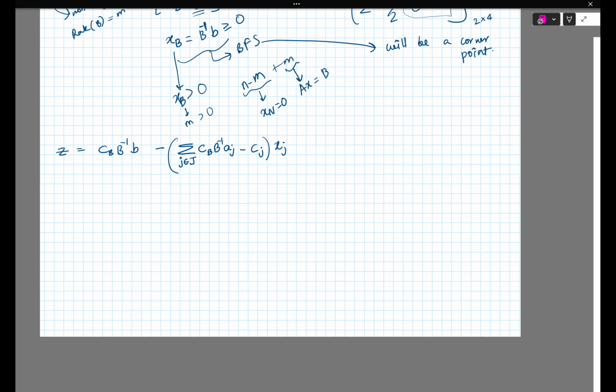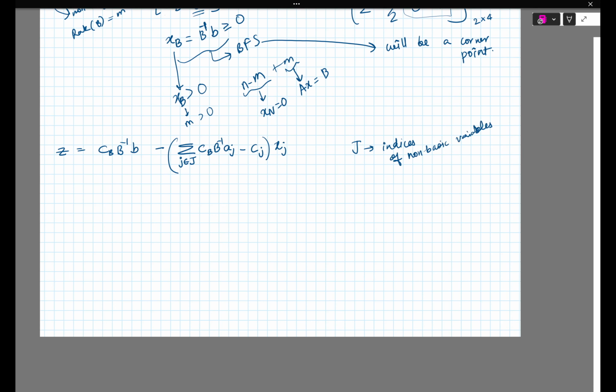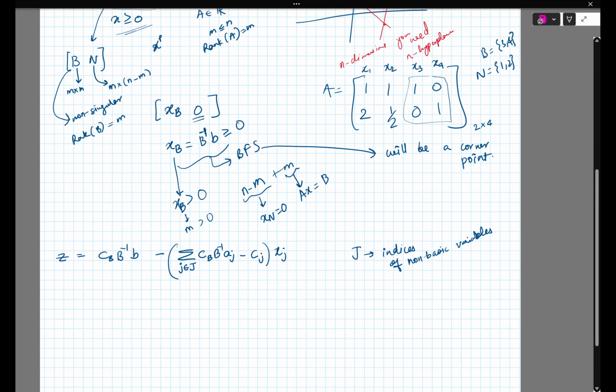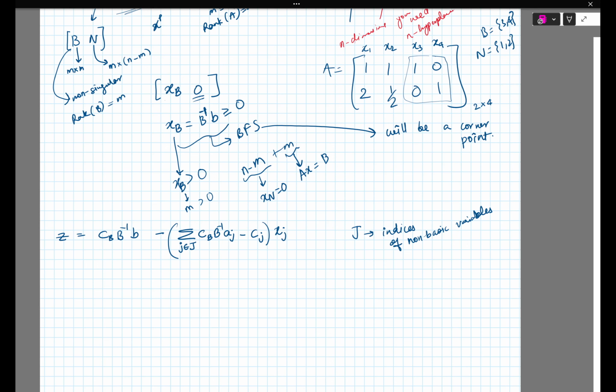Okay, where this J is basically the indices of non-basic variables. Okay, so this is your objective function. This b inverse b is basically this xb, right?